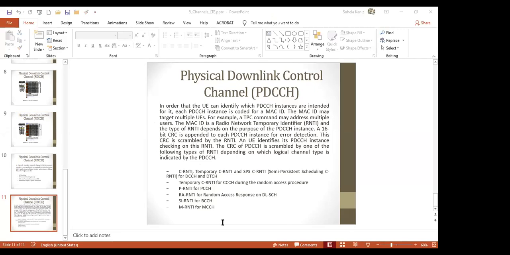Now we were discussing the different identities from the UE end.